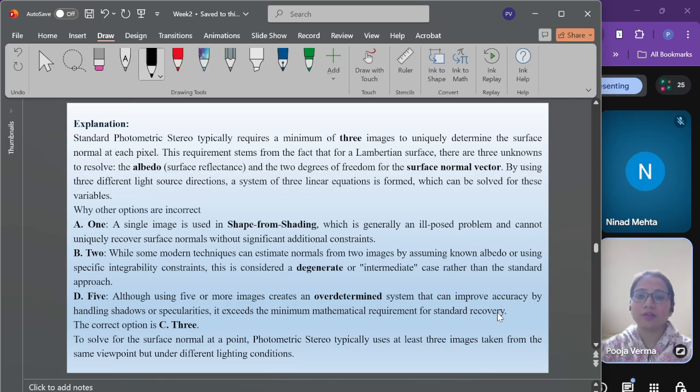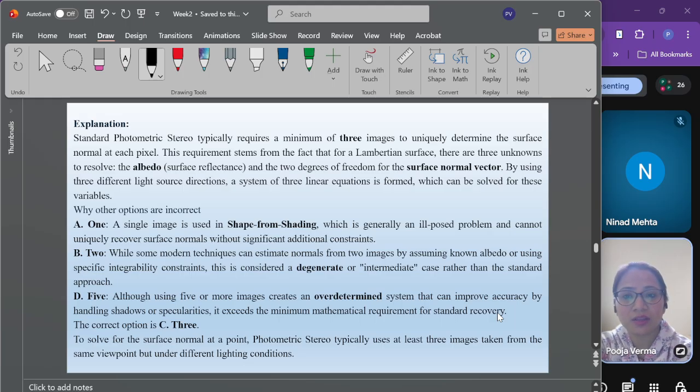In standard photometric stereo, a minimum of three images uniquely determines the surface normal at each pixel. This requirement stems from the fact that for a Lambertian surface there are three unknowns to resolve: the albedo, that is the surface reflectance, and the 2 degrees of freedom for the surface normal vector.